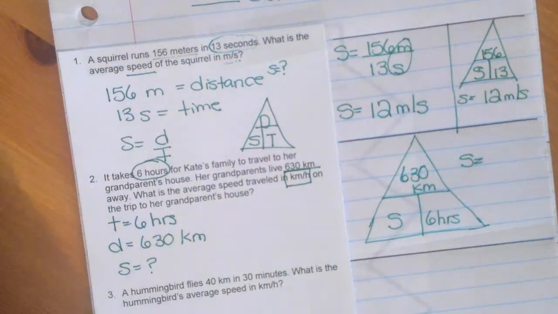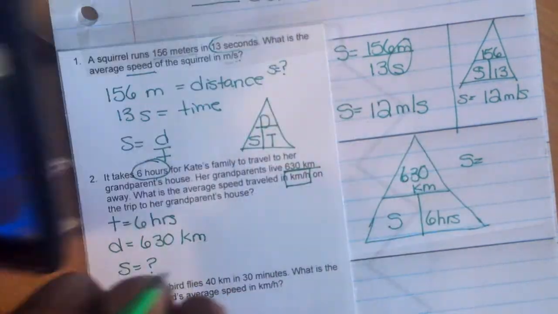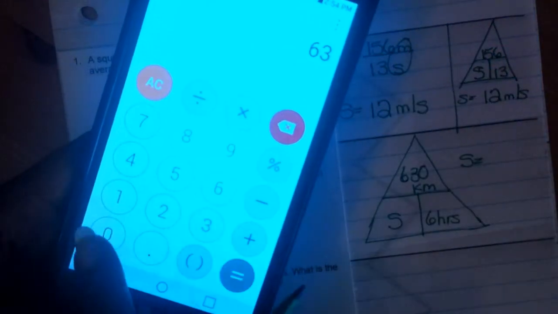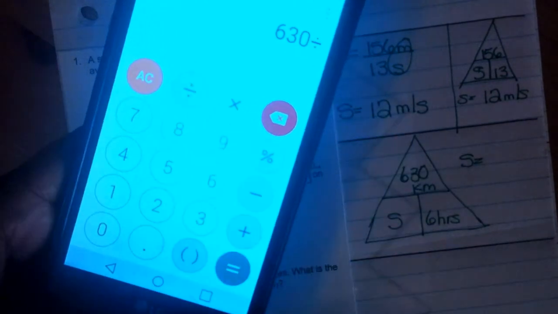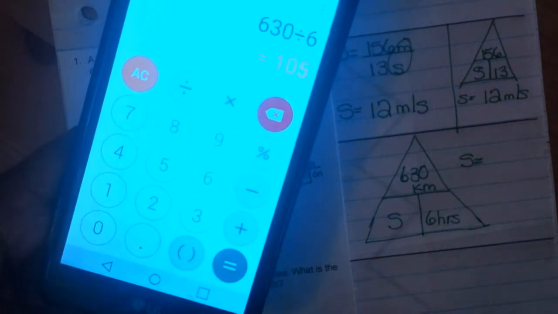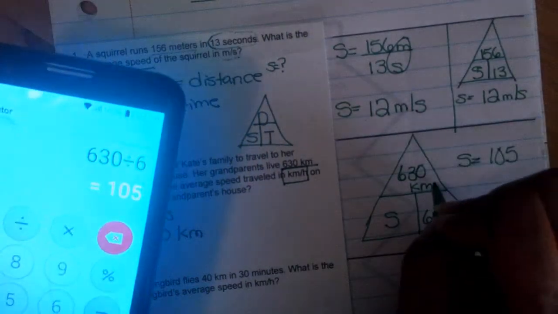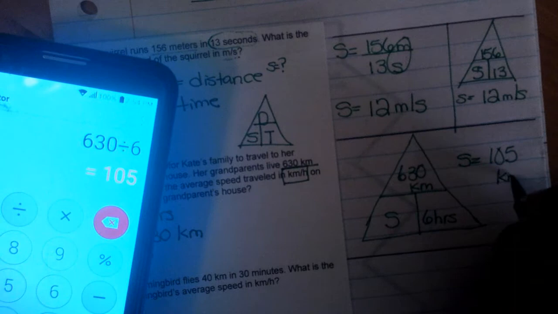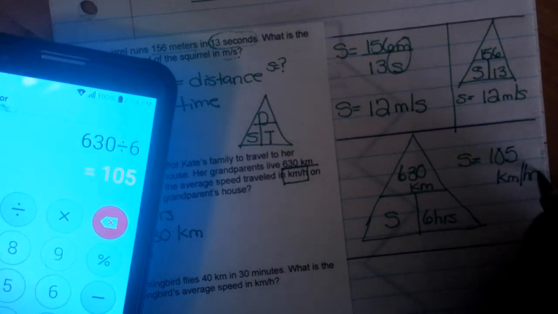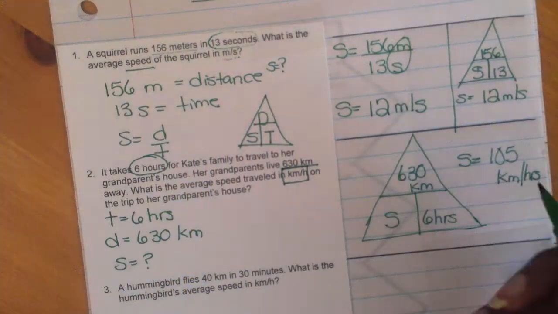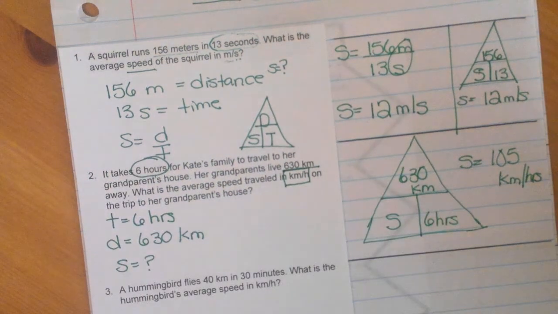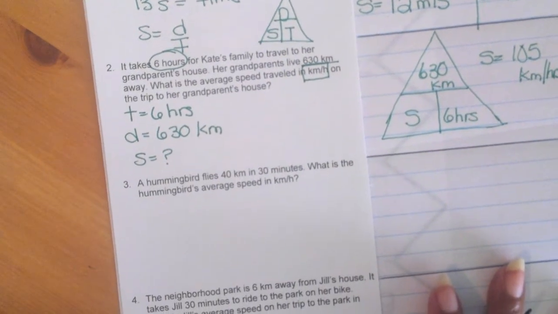So we're going to take 630 and divide it by 6. So your answer would be 105, and then your units, kilometers per hour. So you wrote them here, and they're also in the problem for you. Okay. Let's move on. We're going to do several examples.